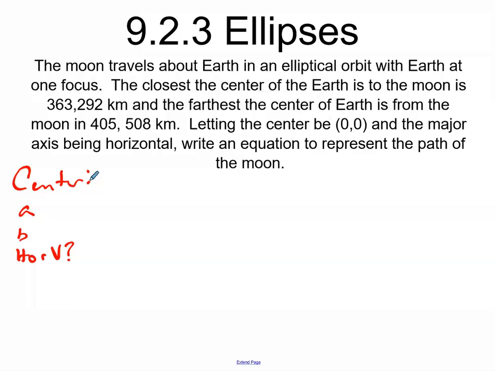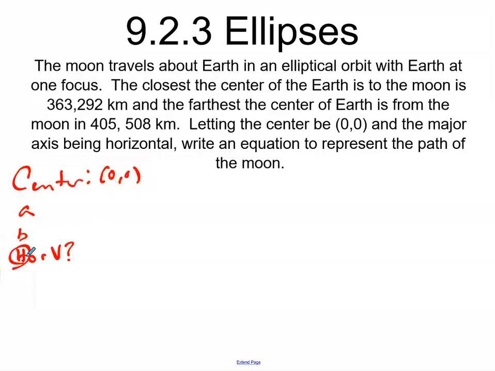That being said, when you're coming up with an equation for planetary orbits, lunar orbits, or really any kind of elliptical path in any situation, unless you have a specific reason to do it differently, usually what you want to do is make the center be at 0, 0, and you can go ahead and make it horizontal.